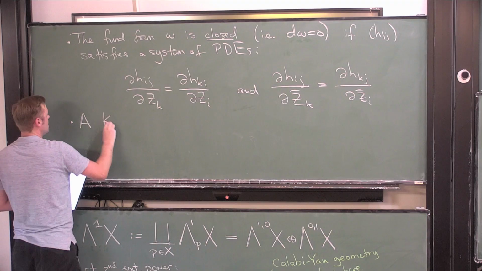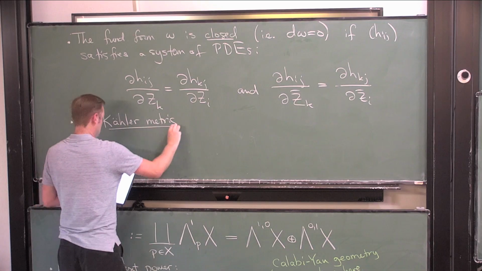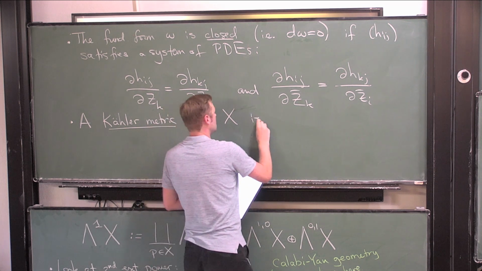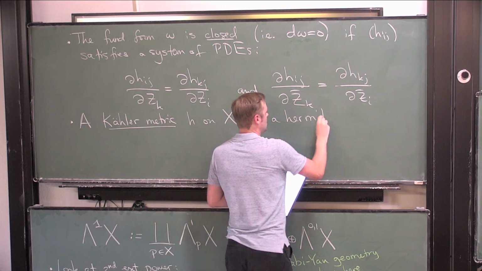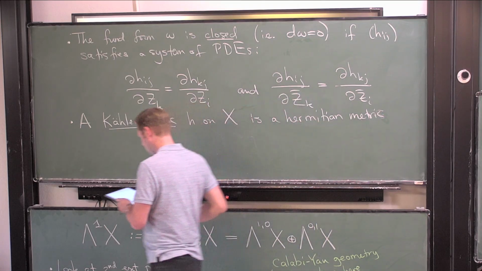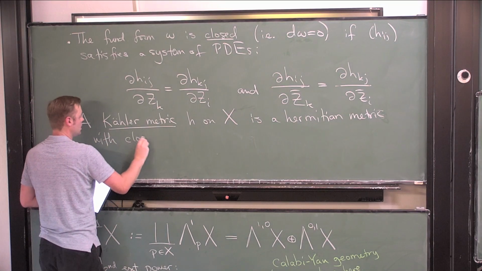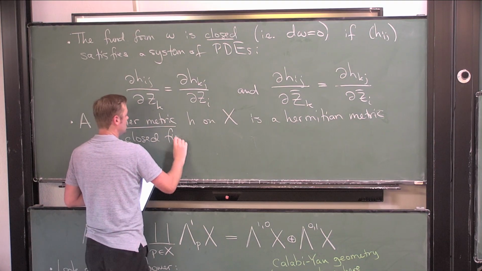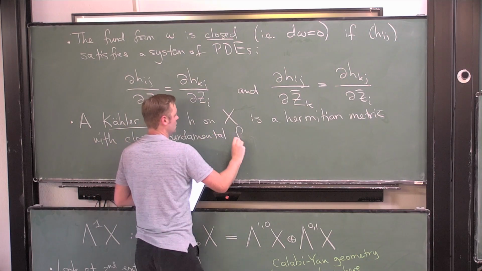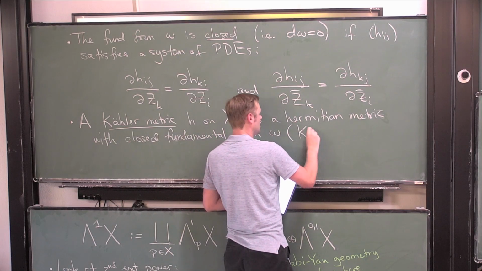So a Kähler metric H on X is a Hermitian metric with a closed fundamental form. In which case, this fundamental form itself is often called a Kähler form.